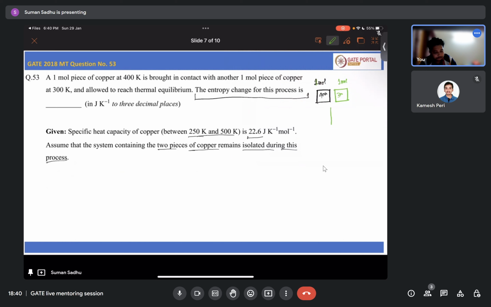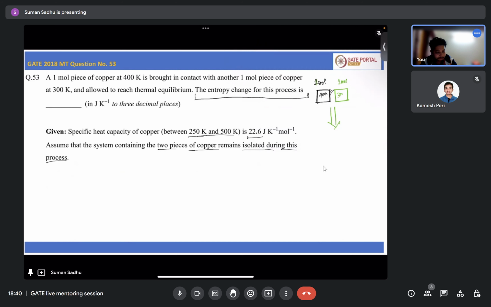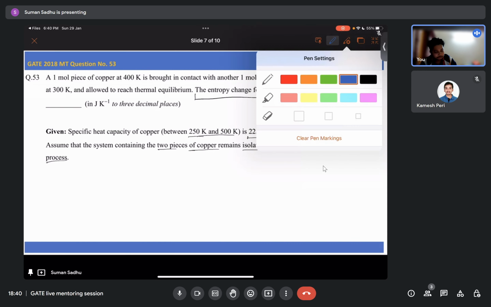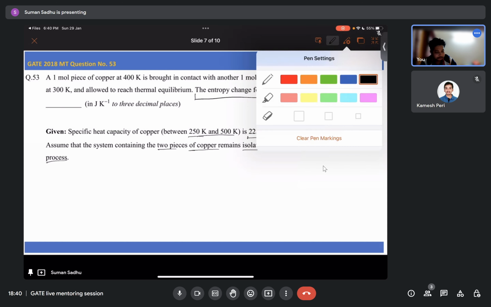Initially these two blocks are separated with some kind of adiabatic wall, that means heat transfer was not taking place. Now those two blocks of copper are kept in contact with each other. Okay.